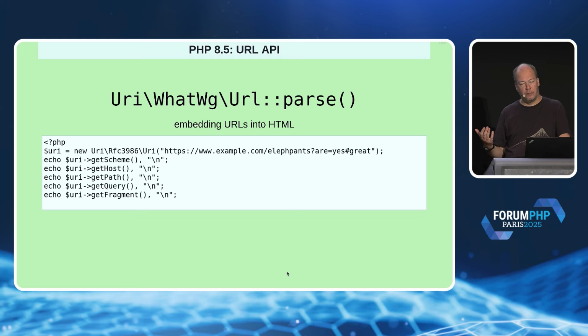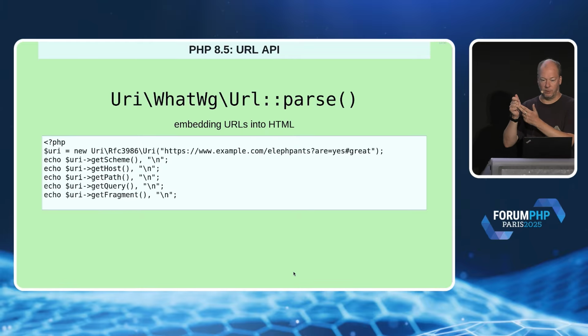Parse URL, if I remember correctly, actually gives you an associative array back with all the options. These objects don't do that. They will give you methods to attach all these things. And beyond get scheme and get host, there's also, for some cases, get raw path. Because the WHATWG one also automatically decodes the percent double hex digit kind of syntax for you, if you want to do that.